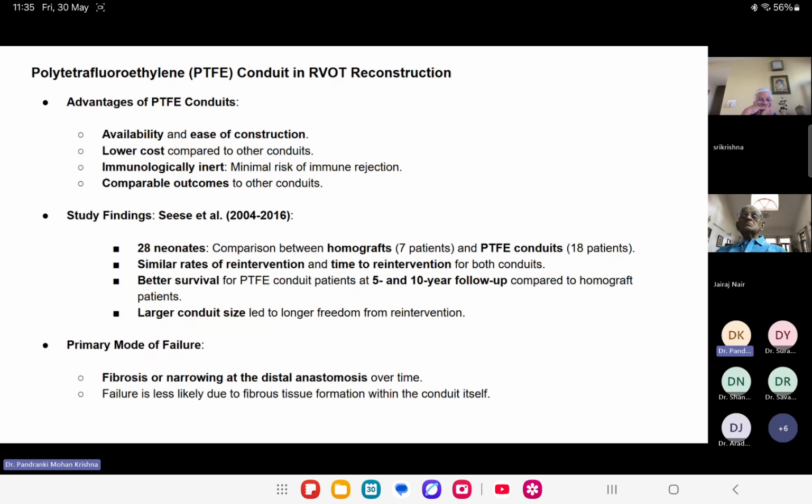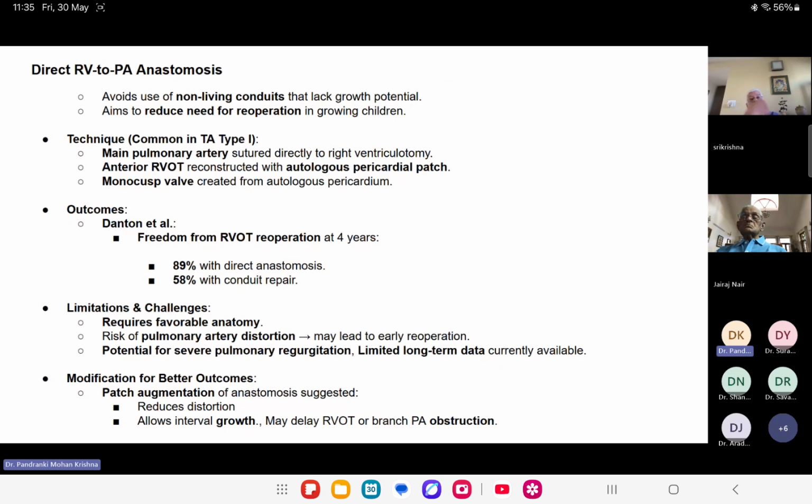Then direct RV to PA anastomosis avoids the use of non-living conduits that lack growth potential. So it can usually be done only in type 1 truncus arteriosus.